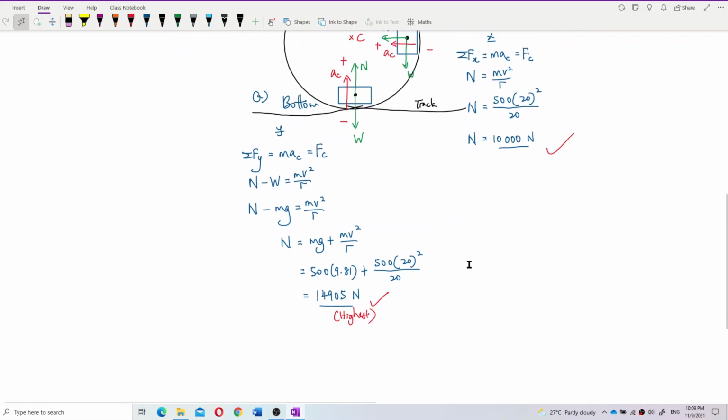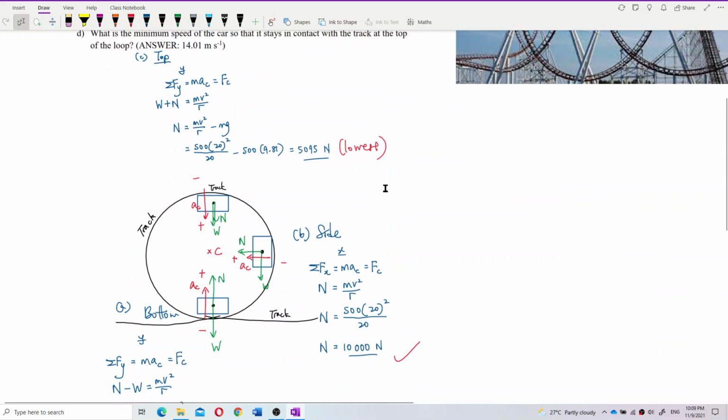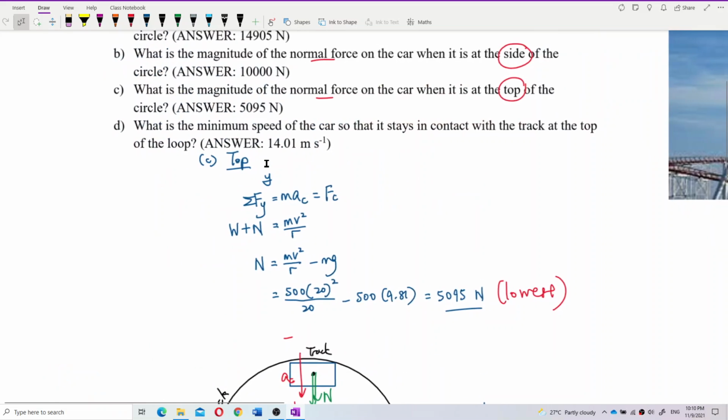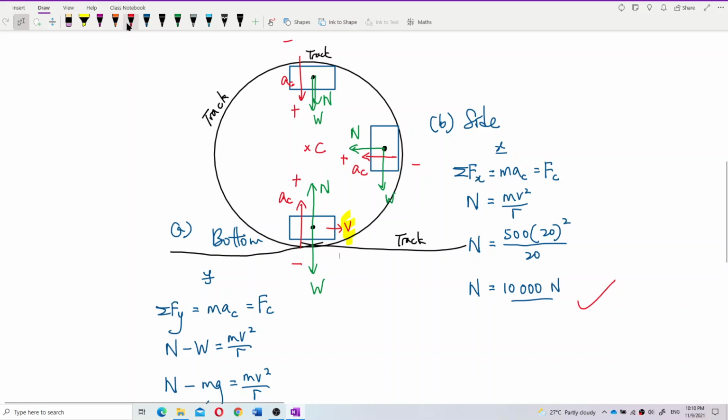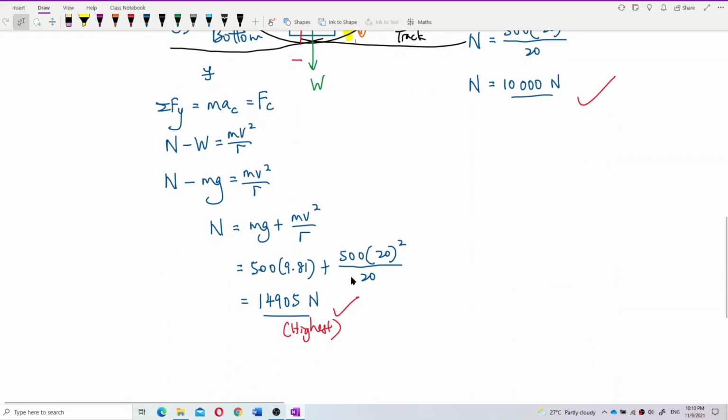So what I can say is, as you decrease the speed, if the car moves slower and slower, you still have mg at the bottom, so it's still safe.